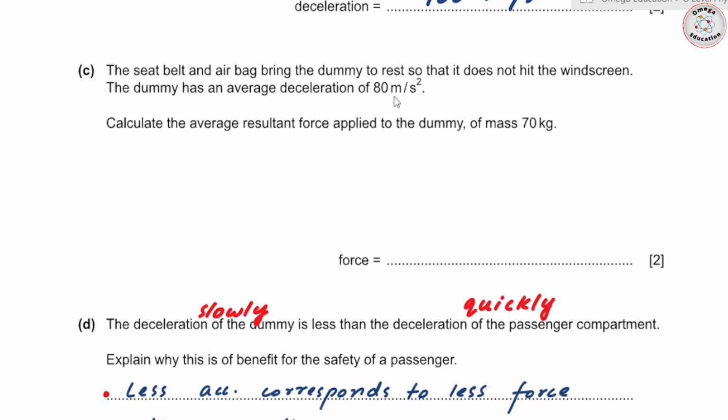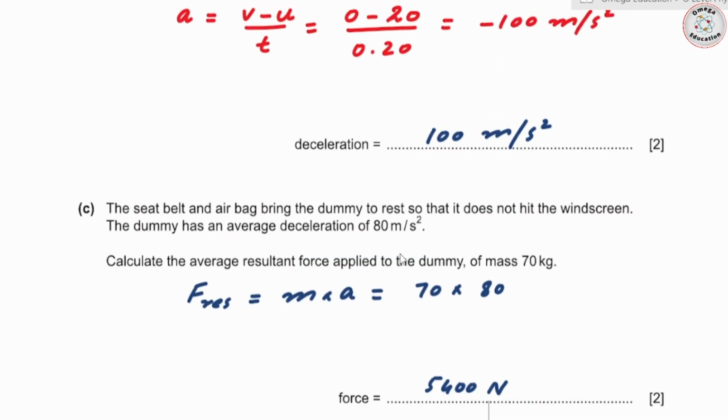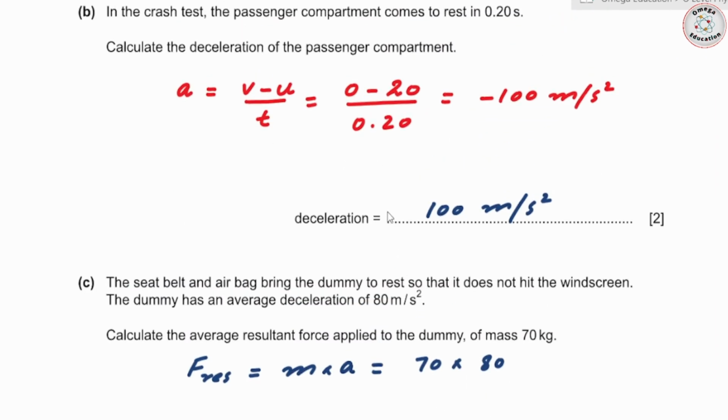Or if we need to find the resultant force, F resultant equals mass times acceleration. Mass was 70, acceleration is given as 80. You hit it on the calculator and the answer for this one would be 5600 Newton.